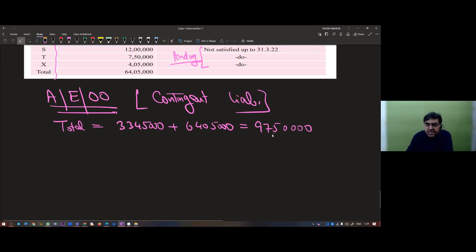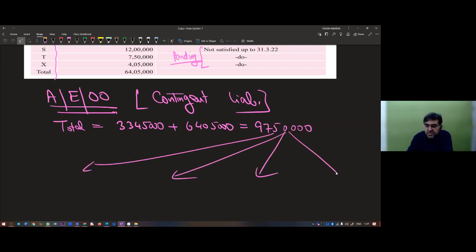Now there are four possibilities. The first possibility is that the customer paid the amount. When the customer pays, the liability will be no more contingent. It is not uncertain, it has become certain.